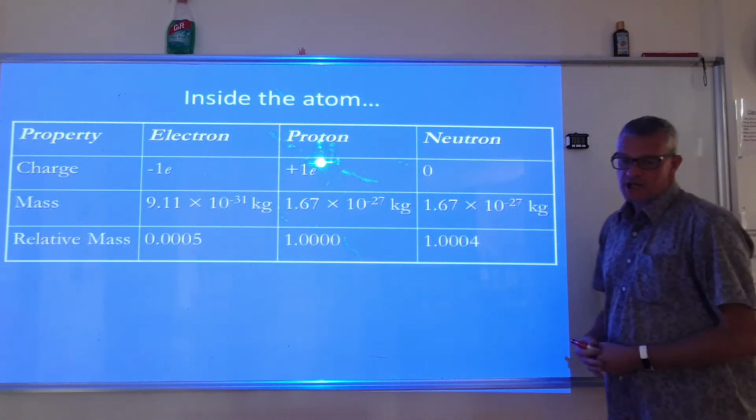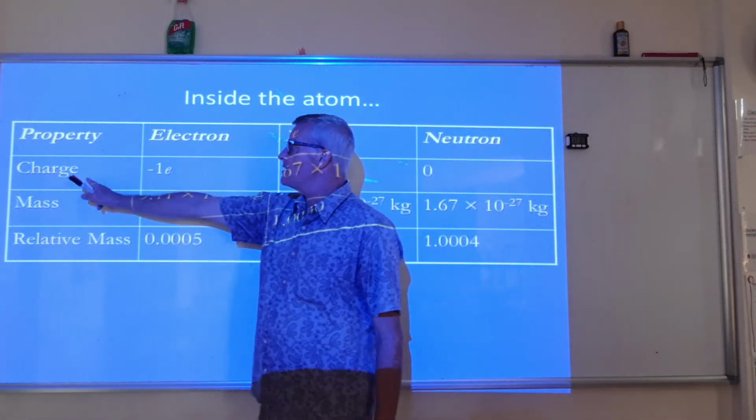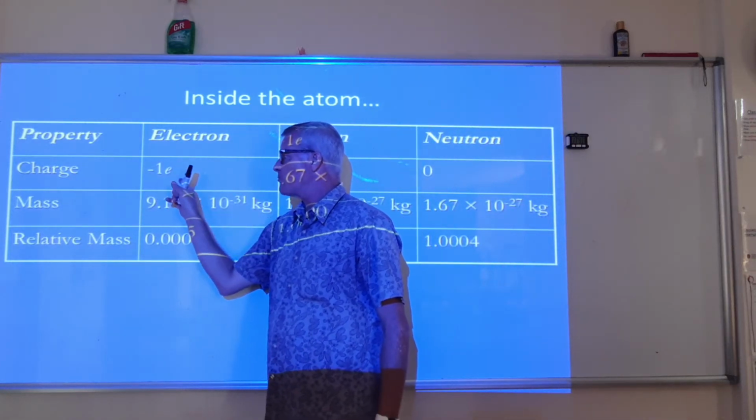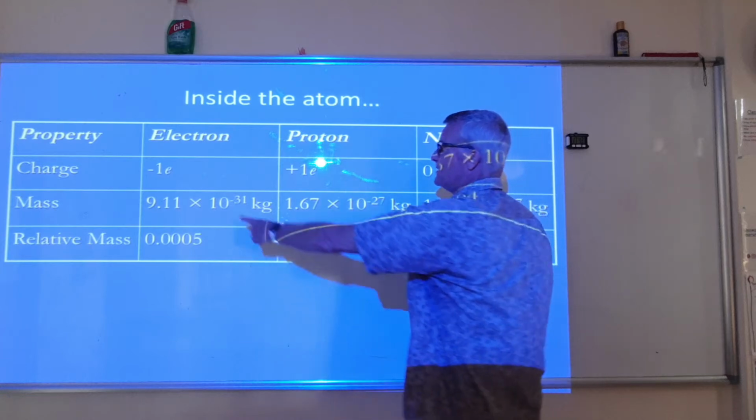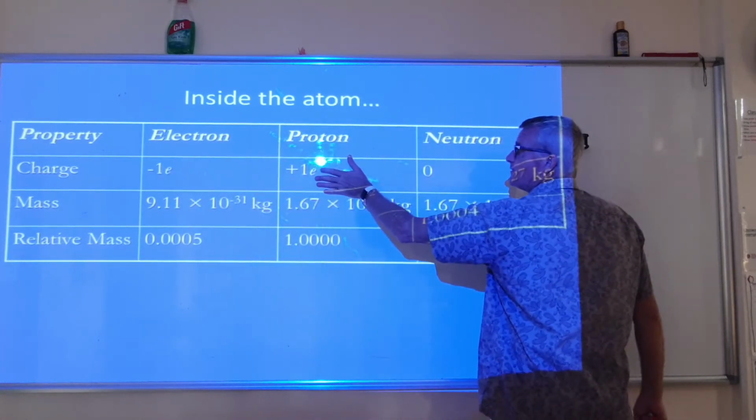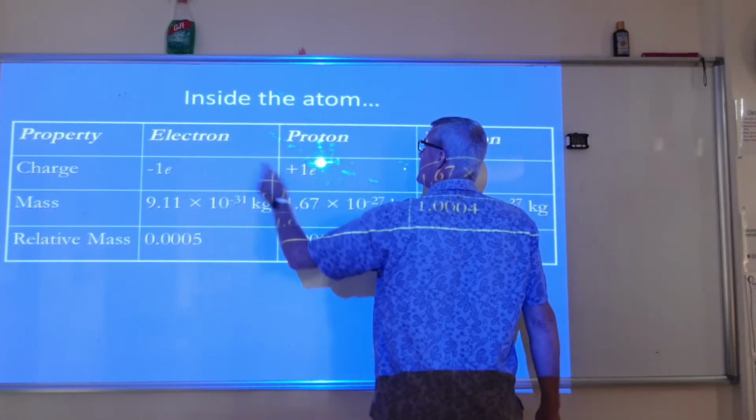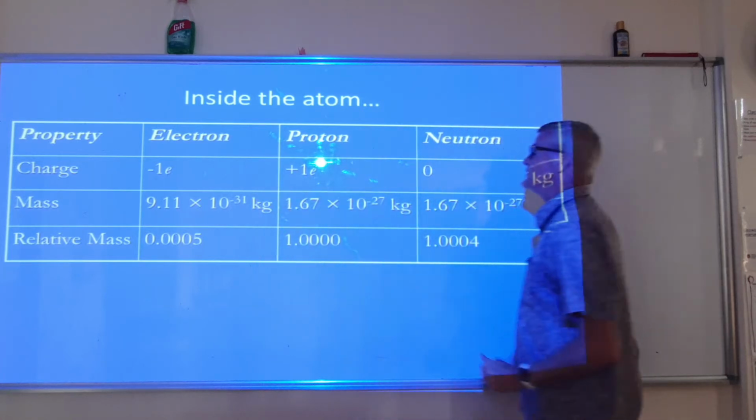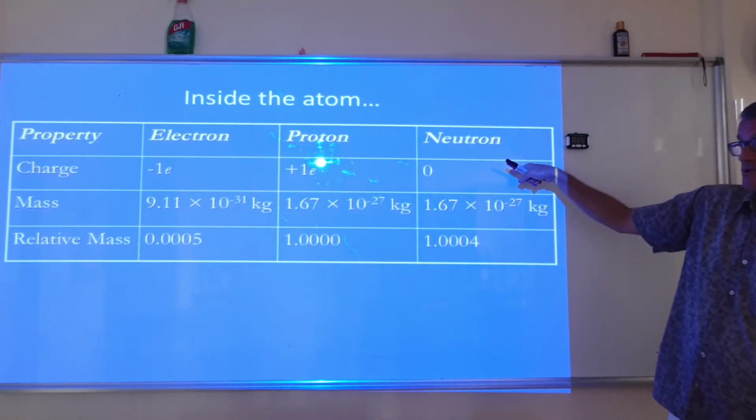Then we look at the charge. The charge of the electron is -1, it's the standard charge of an electron. The proton has a positive charge and they are equal to each other. Neutrons don't have a charge.